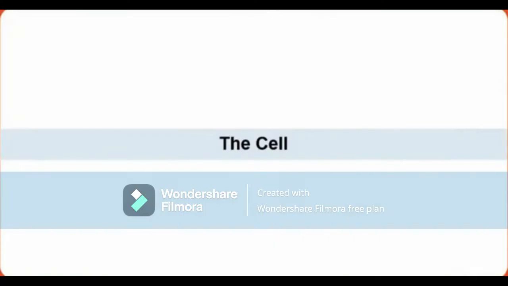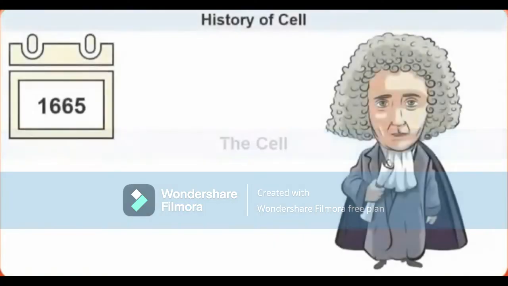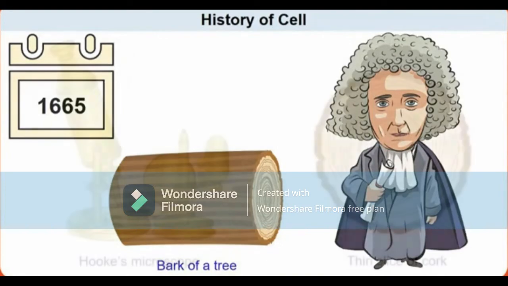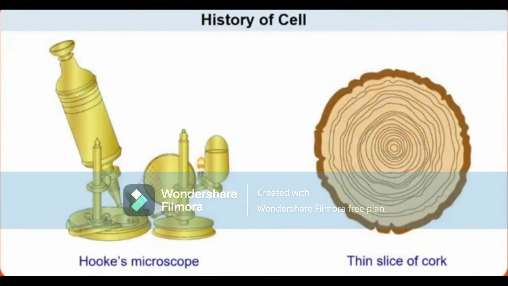Now we are going to see how cells were discovered. In 1665, Robert Hooke, a famous scientist, decided to observe a part of the bark of a tree called the cork under a simple magnifying device. He observed thin slices of a cork under a very simple magnifying instrument.